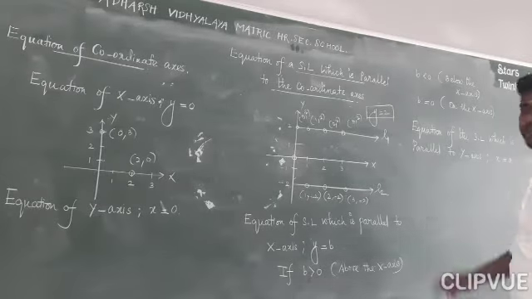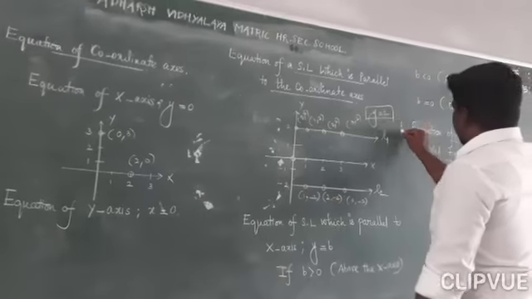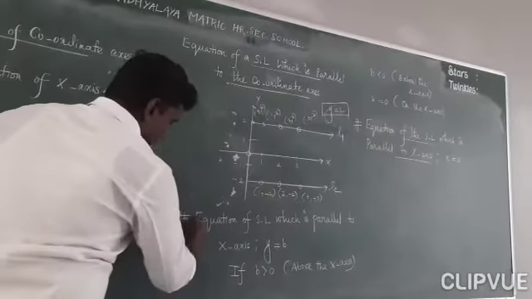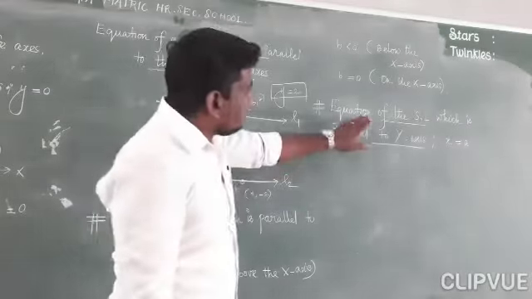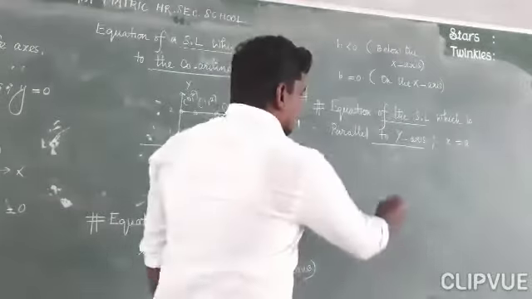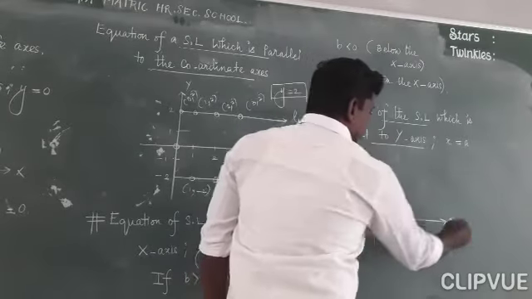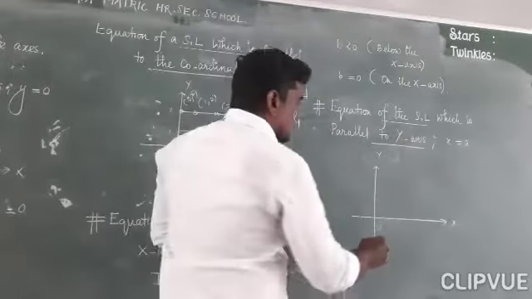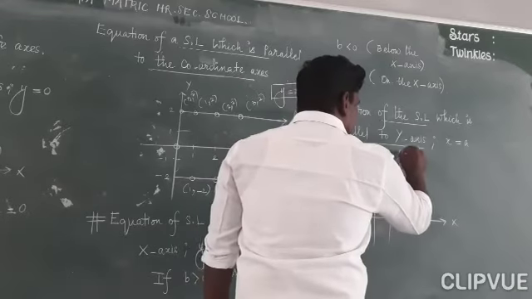I took that constant as a. So the equation of the straight line which is parallel to the y-axis is x is equal to constant. How? I will explain it by graph. This is the x-axis, this is the y-axis. Now I am going to draw a straight line which is parallel to the y-axis.